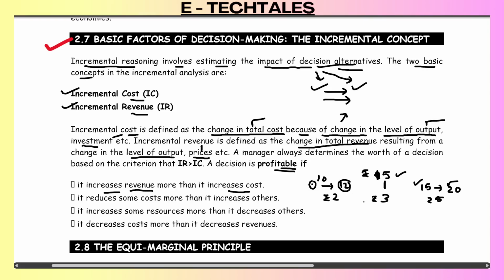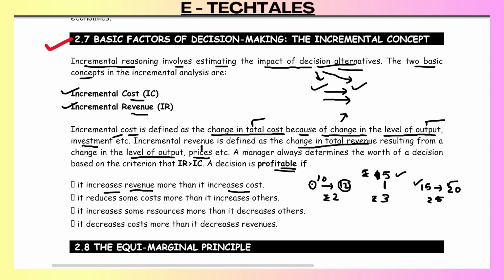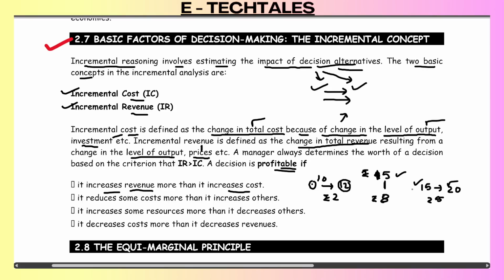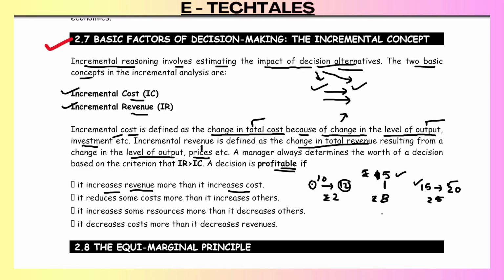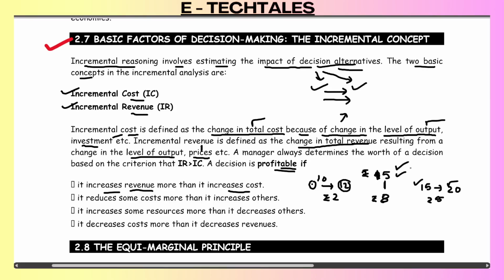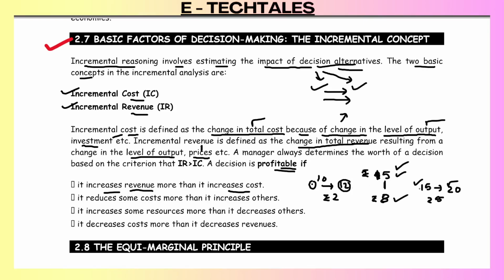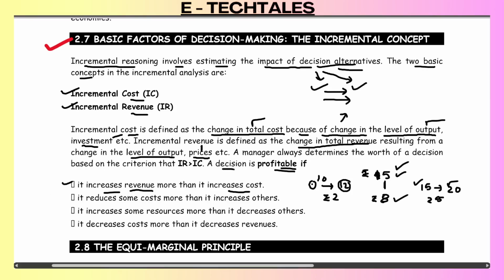Now the cost is 12 and it is sold for 20, so the profit is 8. This profit decision making is correct because the cost increased, but the revenue also increased, from 15 to 20.